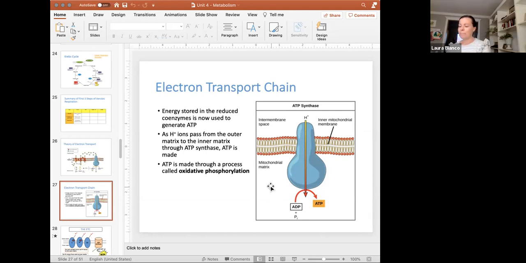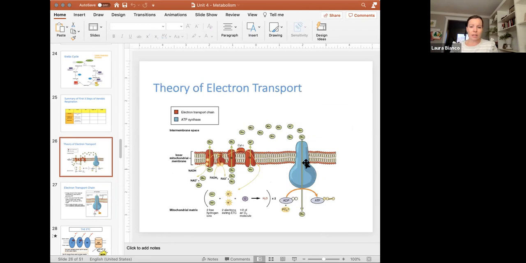And basically all along that inner folded membrane, there are electron carriers, which is what you see here and here. So these brownish, orangish looking things are electron carrier molecules that are just embedded in that inner membrane.